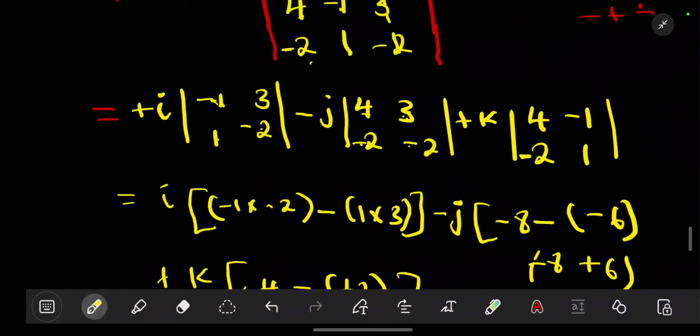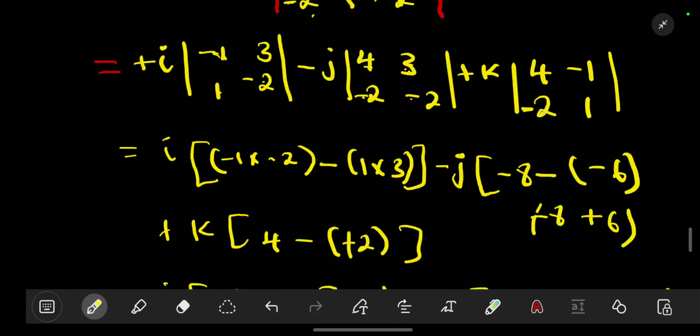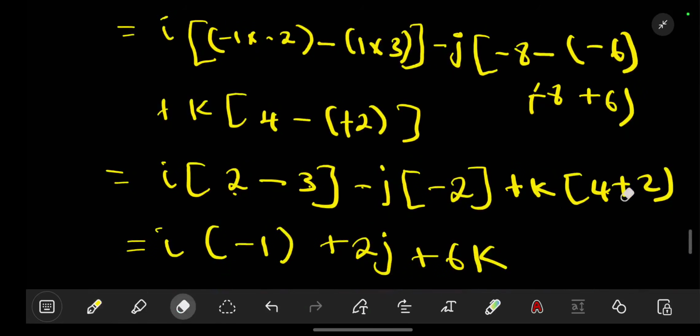So we have 4 times this is 4, which is here. Negative 2 times negative 1 is positive 2, but we have to subtract. That means to say here we are going to have a negative. So 4 minus 2 is a 2. So we are going to have 2k like that.